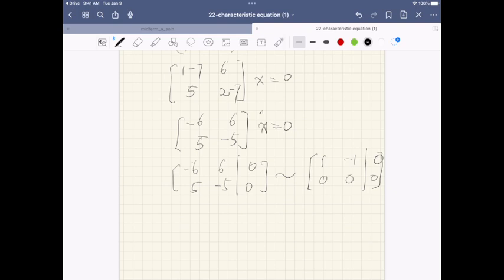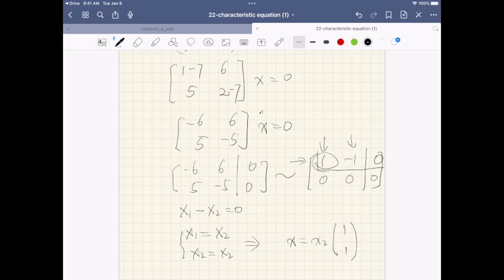So 1, -1. From the first row, you have x1 minus x2 equals 0, so x1 equals x2. Now, x1 is a basic variable because this is the pivot, and x2 is a free variable, so you just copy it. And then x is x2 times (1, 1). So this is the PBF form.